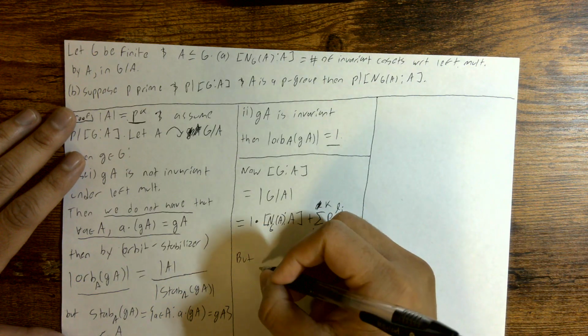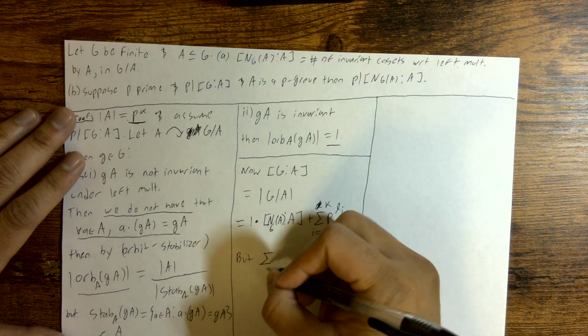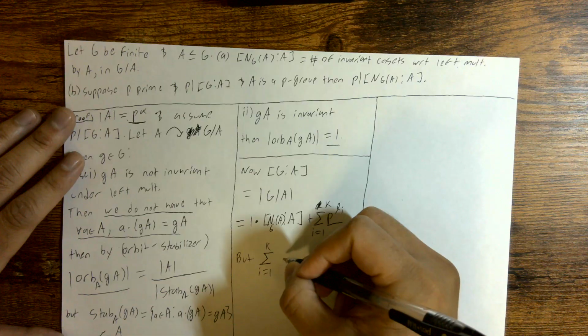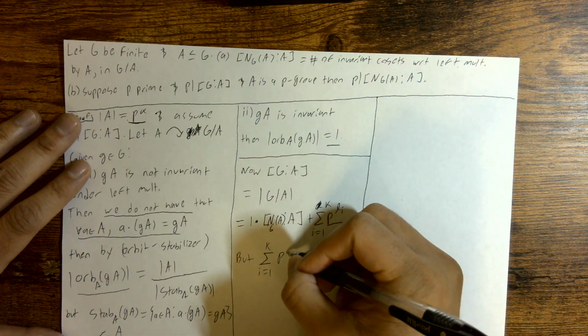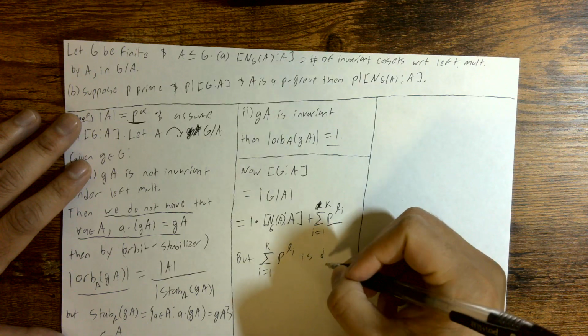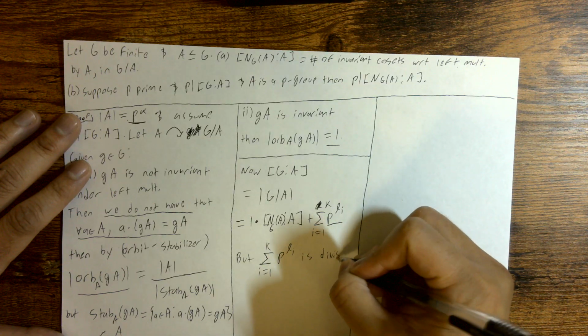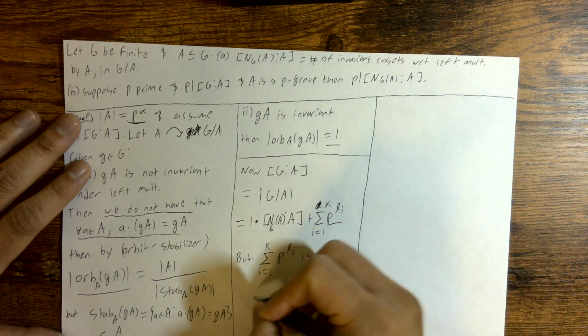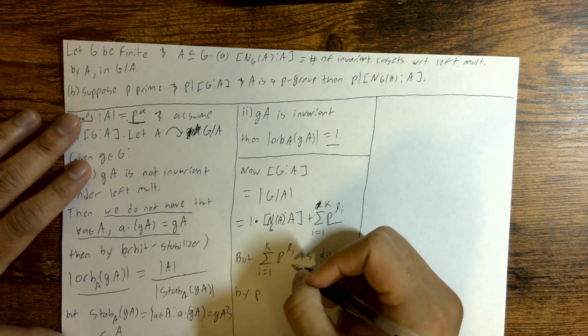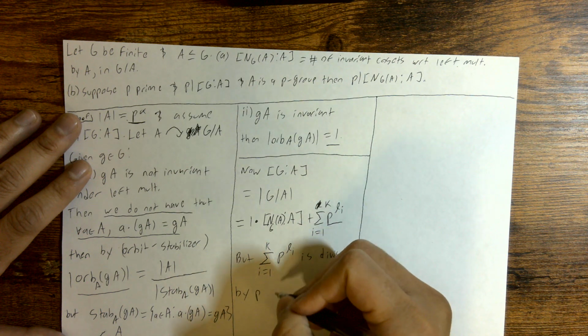But this sum is, well, clearly divisible by p. Since each term is divisible by p, the sum must be.